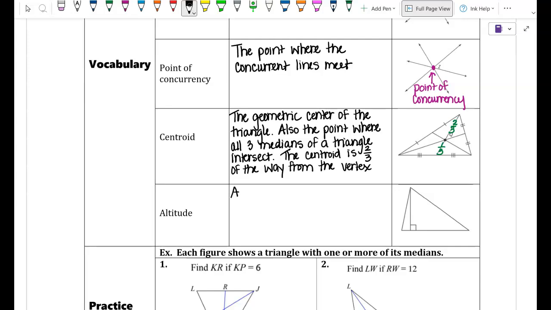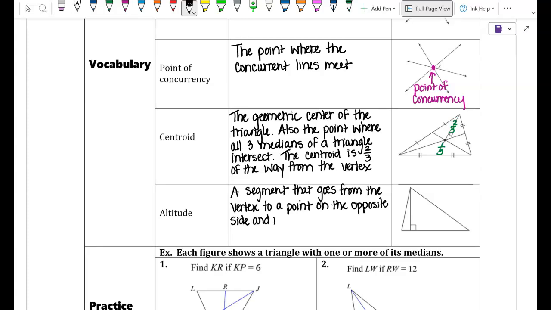It is a segment that goes from the vertex to a point on the opposite side and is perpendicular at that point.